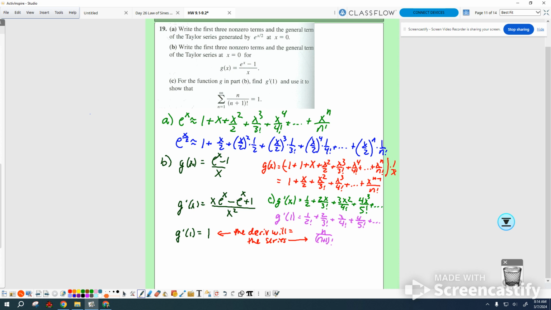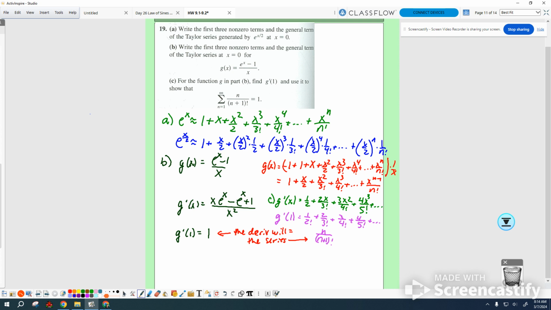It says plug in 1, so I plugged in 1 for all those x values. And I got 1 over 2 factorial, 2 over 3 factorial, 3 over 4 factorial. That's switched up to be, the nth term is n over (n plus 1) factorial.